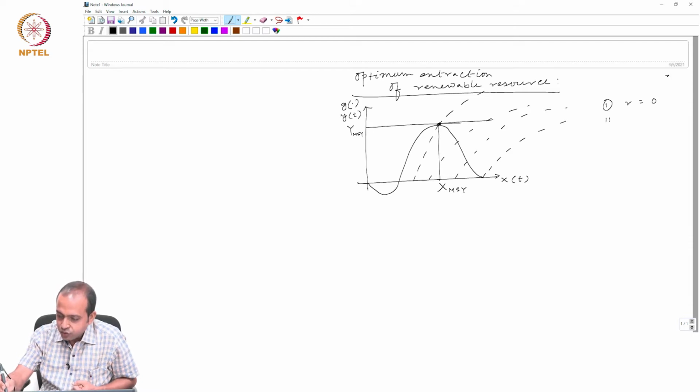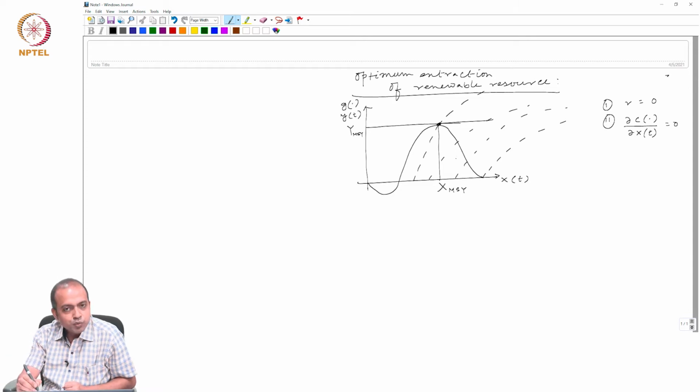The second condition is that the stock effect on cost of extraction, del C dot del x t, should be 0. In that case also, if we maintain a stock higher than x MSY, since there is no extra cost saving from the higher stock, the stock will immediately come down to x MSY.